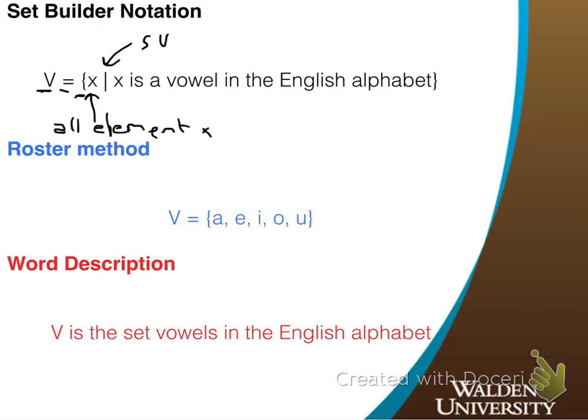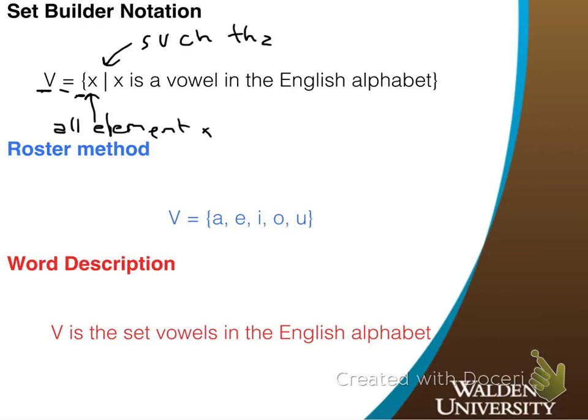This is such that. So all elements X such that X is a vowel in the English alphabet. So try not to get thrown off by the letter X, because obviously X isn't a vowel in the English alphabet. It's just an arbitrary letter that gets commonly used, like a general variable.